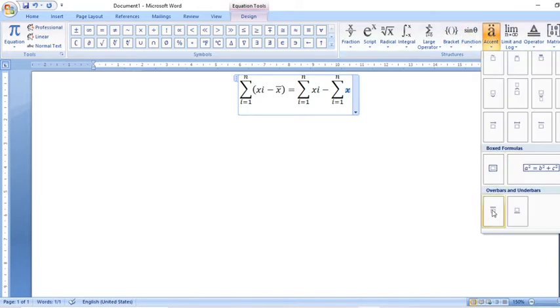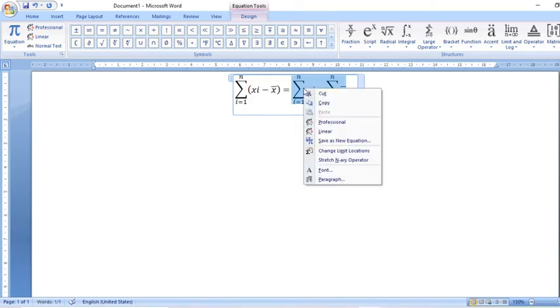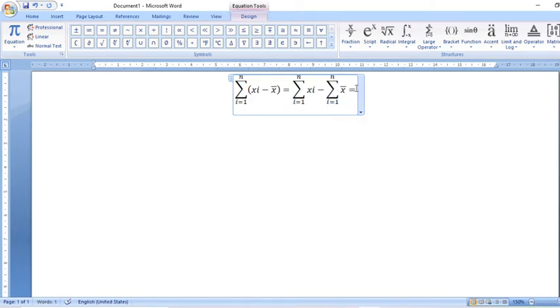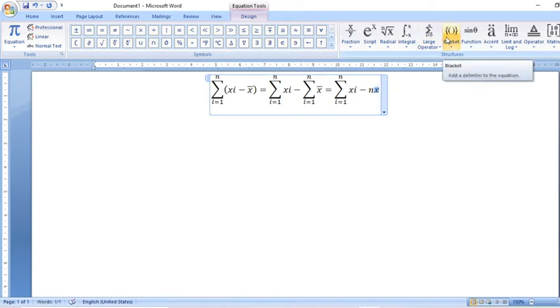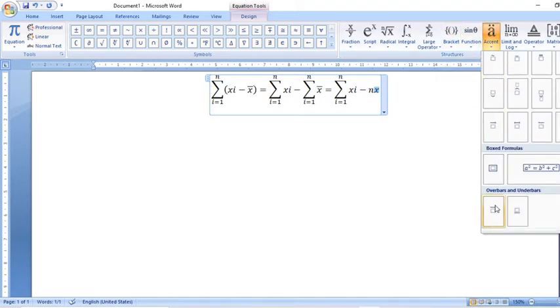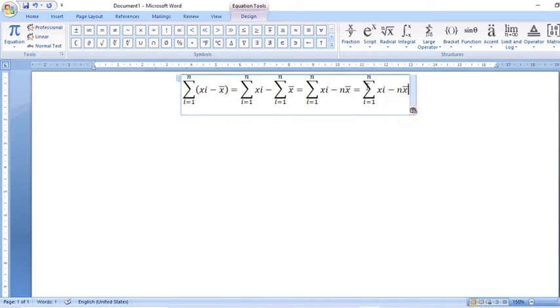So what is this? The second term is the summation of x bar over i, so this is exactly n times x bar, n x bar. And what is summation xi?